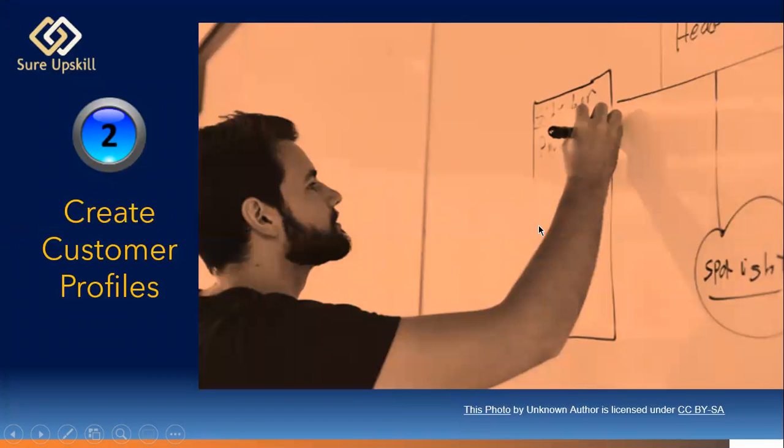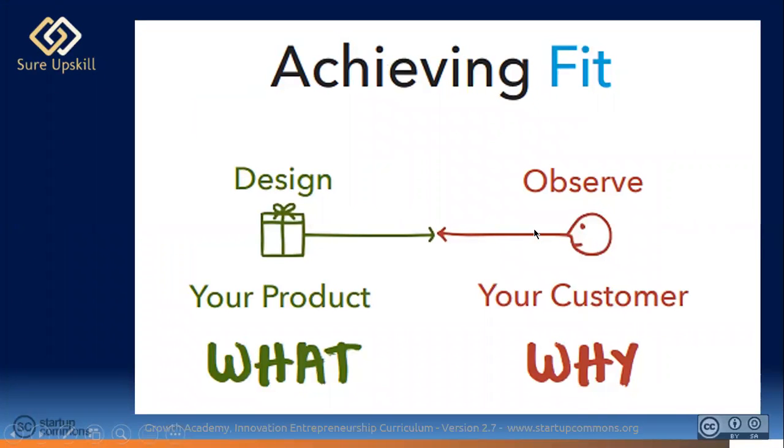Now, creating customer profiles. This is the key. Let's see how we create customer profiles. The most important thing is that we have to achieve fit in the 2 boxes. First, the circle that you saw there, which represented the customer.